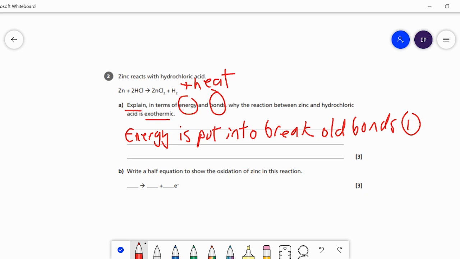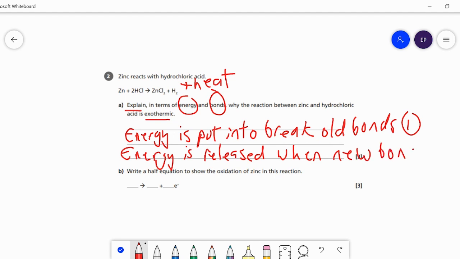As the reaction goes on, the products form, and there'll be bonds within those product substances. So energy is released when new bonds form.